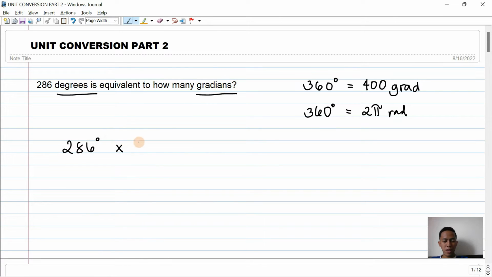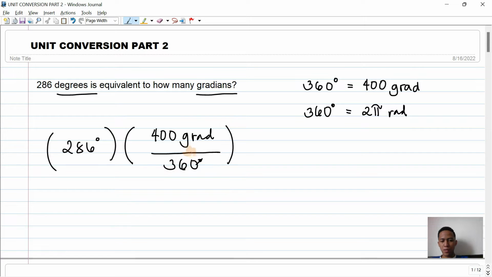So multiply lang natin sa ating unit conversion. Okay, so multiply lang natin siya sa, we have here, syempre, yung 400 gradients yung nakataas kasi siya yung angle na dapat ma-convert natin into. So we have here per 360 degrees. So yung degrees na units mag-cancel na siya guys, and grad yung kalalabasan niya.